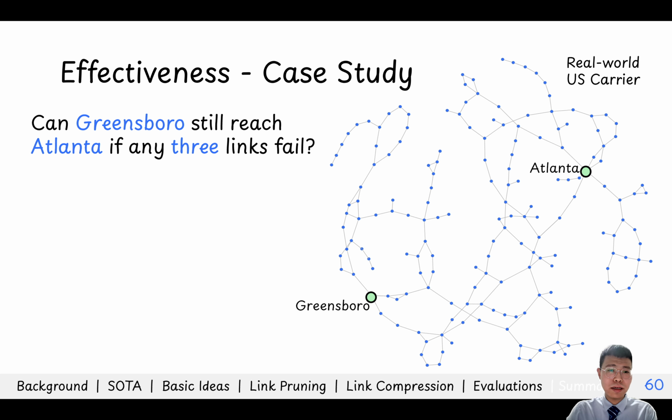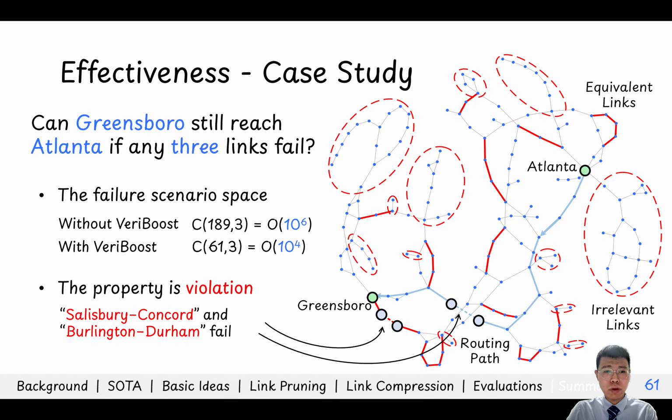We first conduct a case study to intuitively illustrate the effectiveness. For the real-world topology of a US carrier, we explore whether Greensboro can still reach Atlanta if any 3 links fail. We can see that VeriBoost can find lots of irrelevant links marked in red circles and equivalent links marked by red lines.